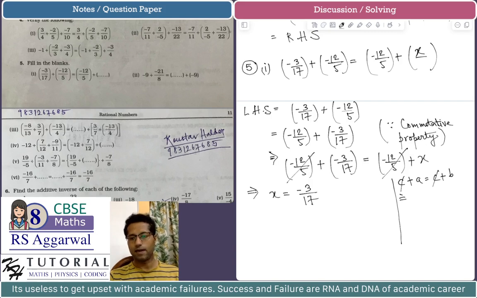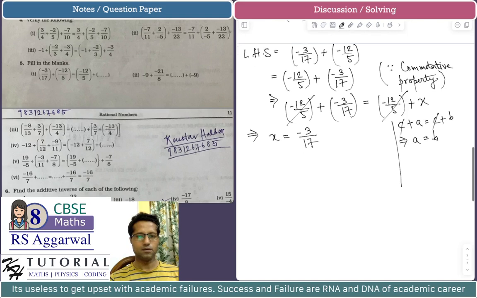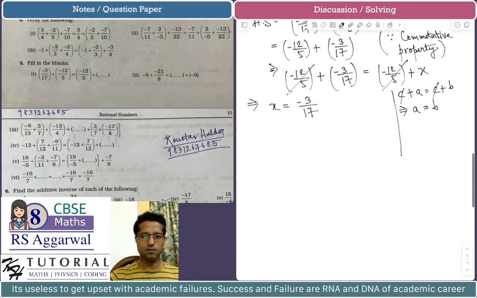I can say that a equals b. So this is exactly what I did. I cancelled out minus 12 by 5 from both sides and we got x equals minus 3 by 17. So hence the answer is minus 3 by 17. So in the fill in the blanks, we have to fill the blank with the rational number minus 3 by 17. Okay. Let's see part 5.